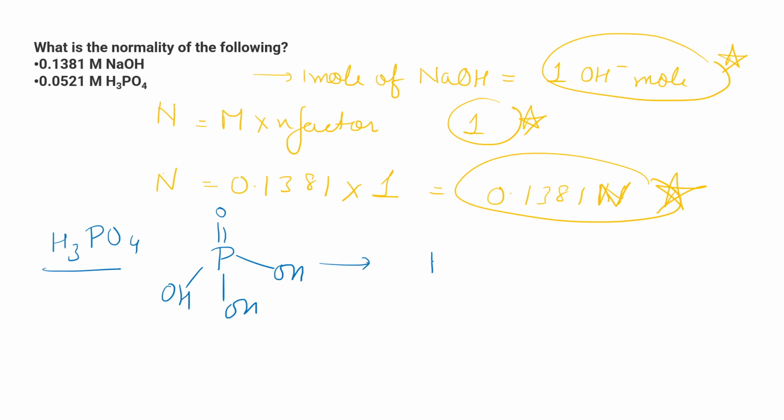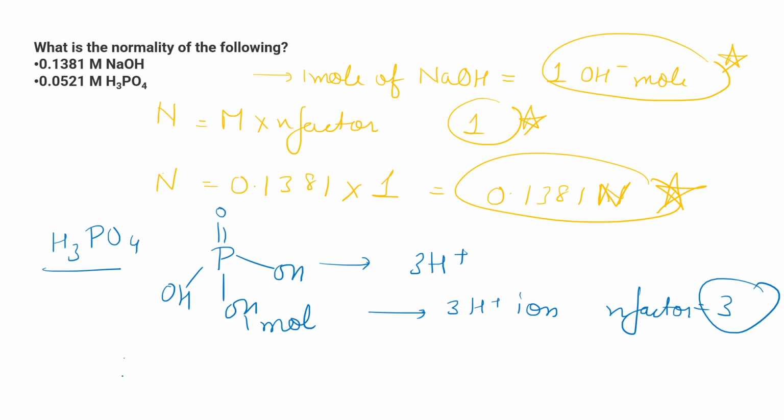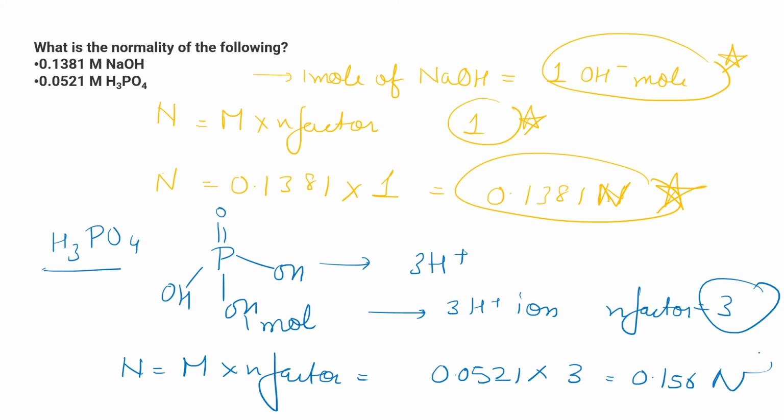So it will release 3 H plus ions. 1 mole of phosphoric acid will release 3 H plus ions. So the N factor value will be 3. Normality is defined as molarity into N factor. So we can say 0.0521 into 3 will give us 0.156 normal.